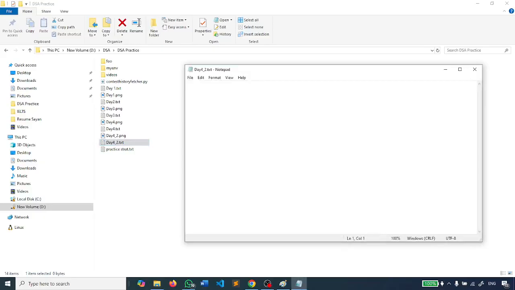So here we'll write the implementation details. Implementation details is simple. First step: if string length is odd, then return false.